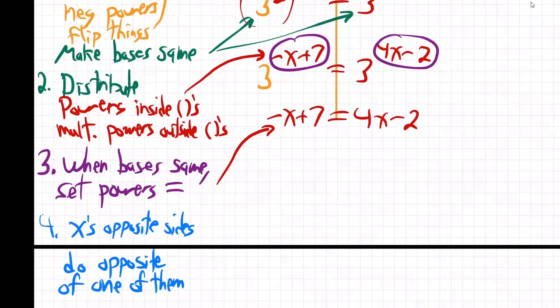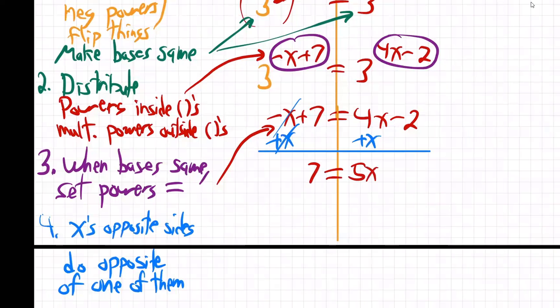When we have x's on opposite sides, and we bring the wall down here, I'm going to go plus x. Plus x like that. That gets rid of this. It gives us 7 equals 5x minus 2.